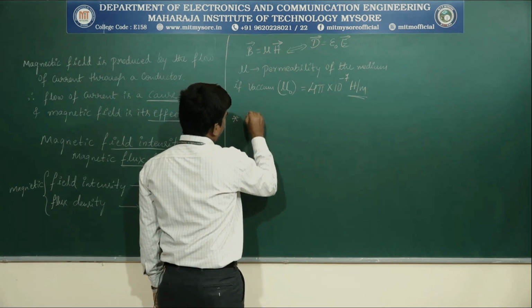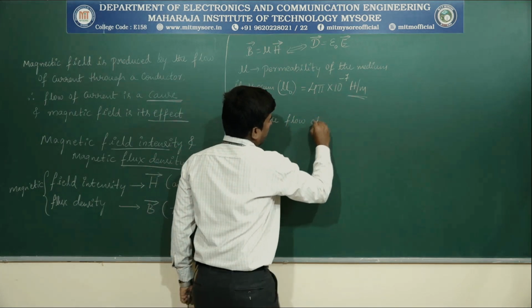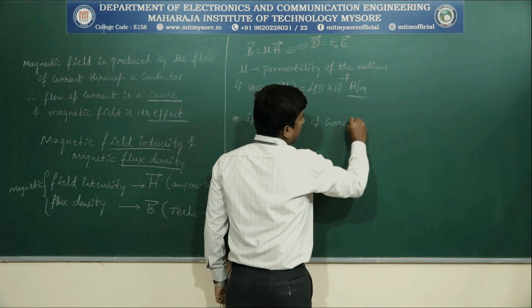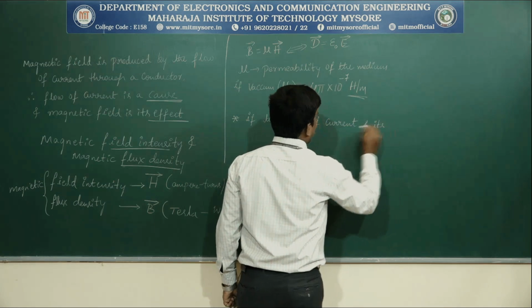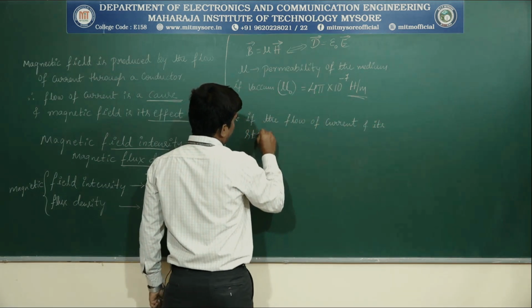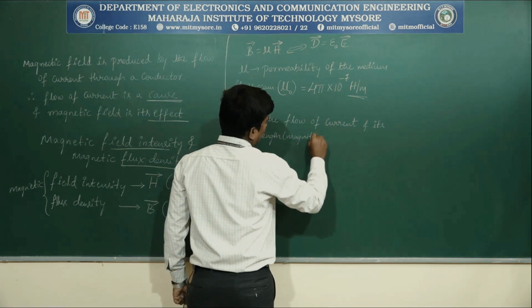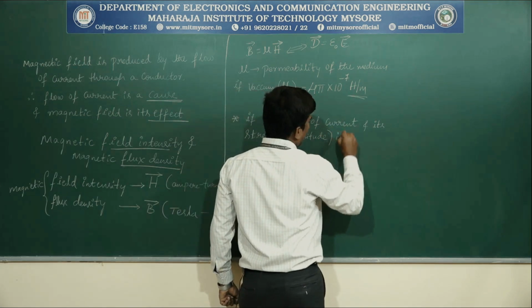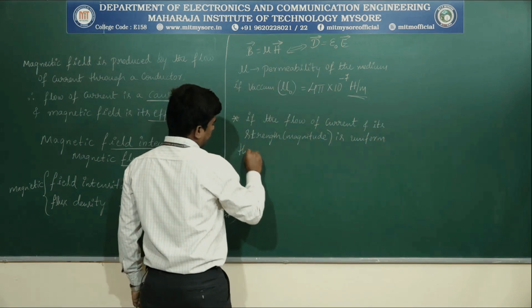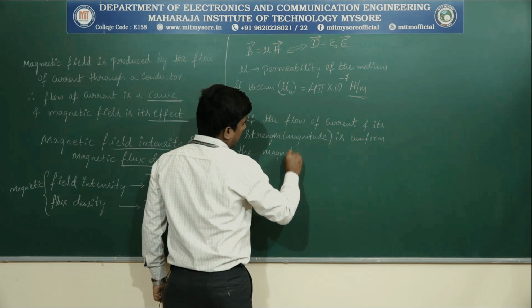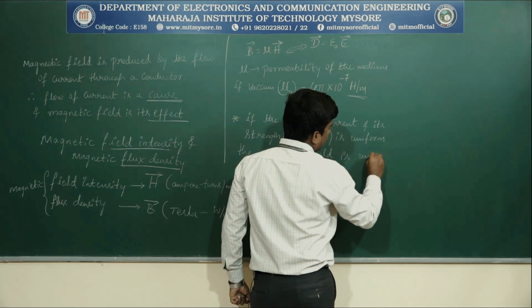If the flow of current and its strength or magnitude is uniform, then the magnetic field is uniform.